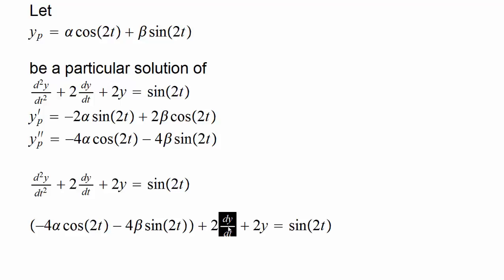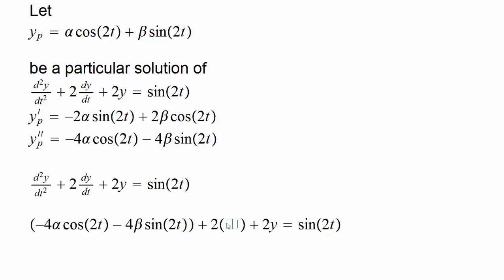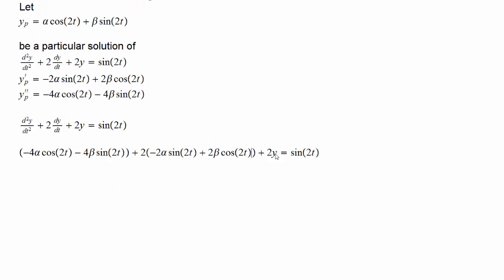And then for dy/dt, I'm trying to go too fast, I hope I don't make a mistake. That's getting slightly out of bounds, so I'm reducing the font size a little. Hope you can still see that. Okay, so this is what we have.